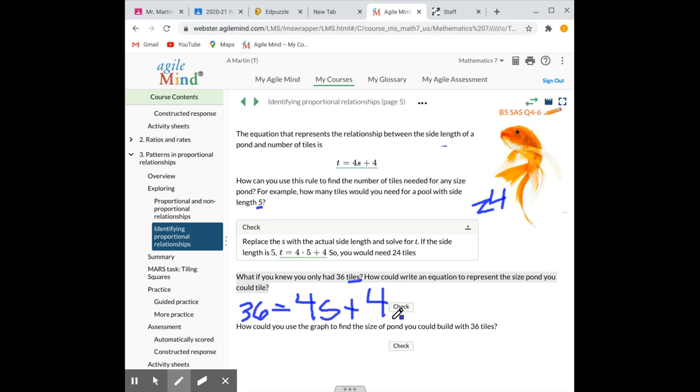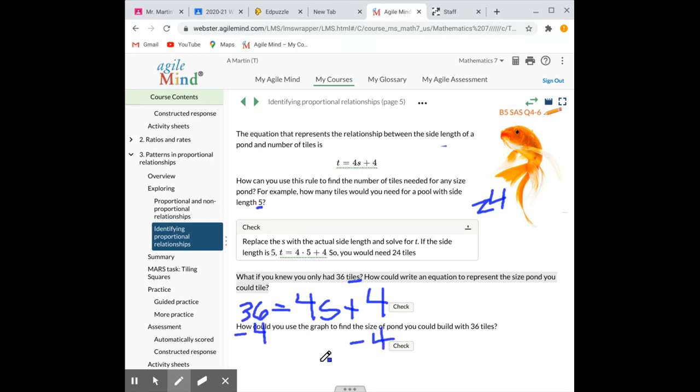So I want us to start simplifying this. If I want to get 4s by itself, what can I do with the plus 4 to get rid of it? How can I make plus 4 become 0? Subtract. Yeah, so if I subtract 4 on one side of the equation, I've got to do it to this side.